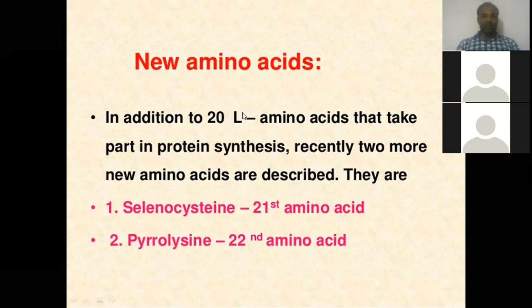So the new amino acids are in addition to the 20 amino acids that take part in the protein synthesis. जो 20 amino acid protein synthesis में participate करते हैं, उनके साथ में recently 2 more new amino acids are described. 2 ऐसे नए amino acid यहाँ पे discover हुए हैं. They are, the first one that is selenocysteine.